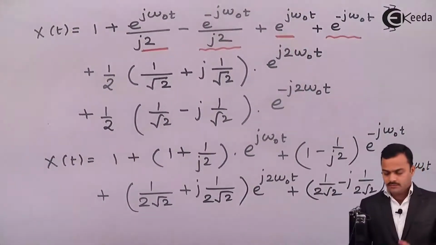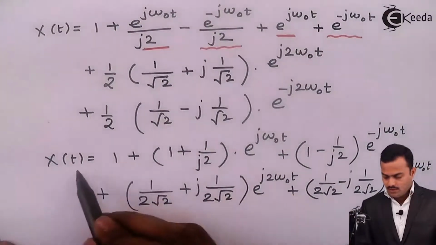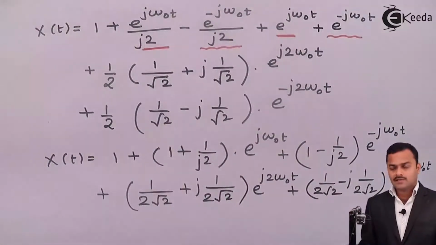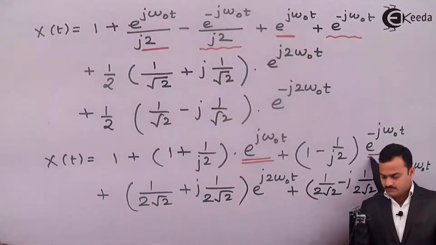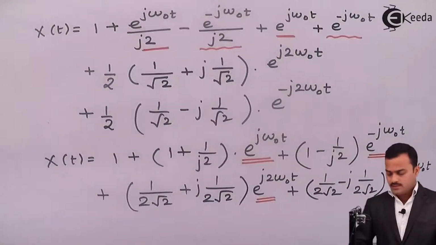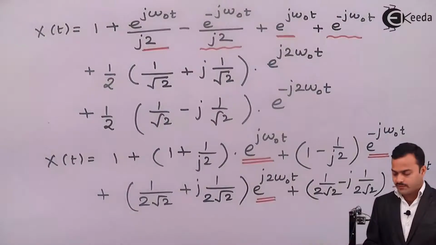So now here we are getting the most important part of the problem, where in all 1 2 3 4 5 terms are there, and all the 5 terms are in terms of complex exponentials, which is nothing but a multiple of omega 0, where omega 0 is a fundamental frequency.